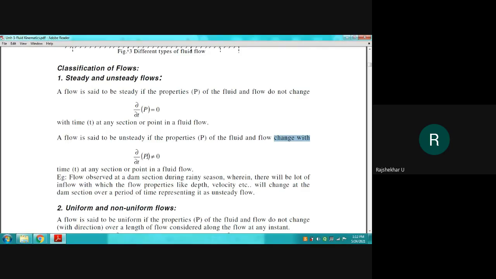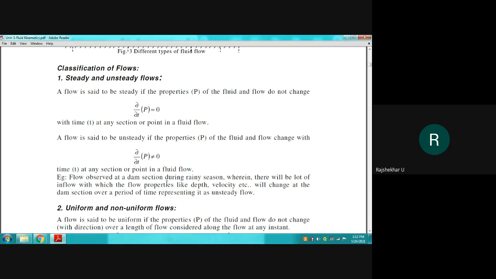So that means the property P is not remaining the same with respect to time. So it is changing. It is a variable now. At a particular section it is constant, but at some other section it is changing. So at that section, it is said to be unsteady.